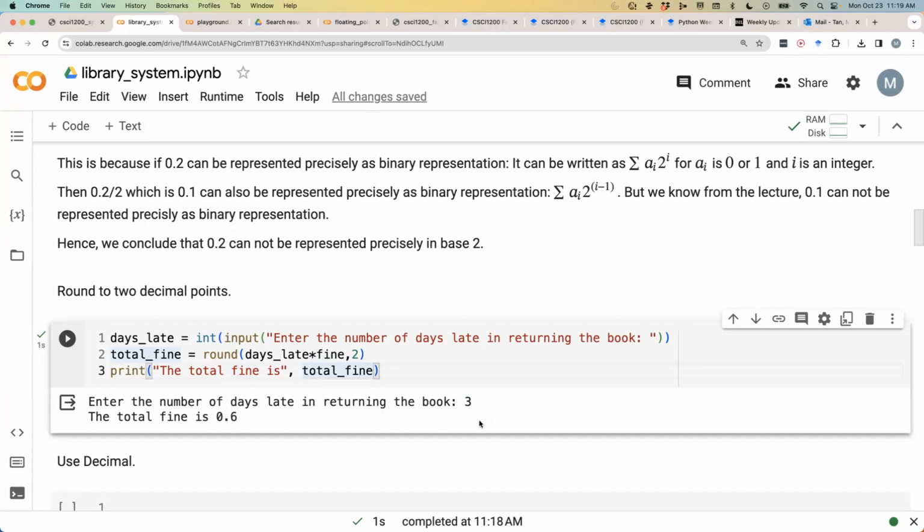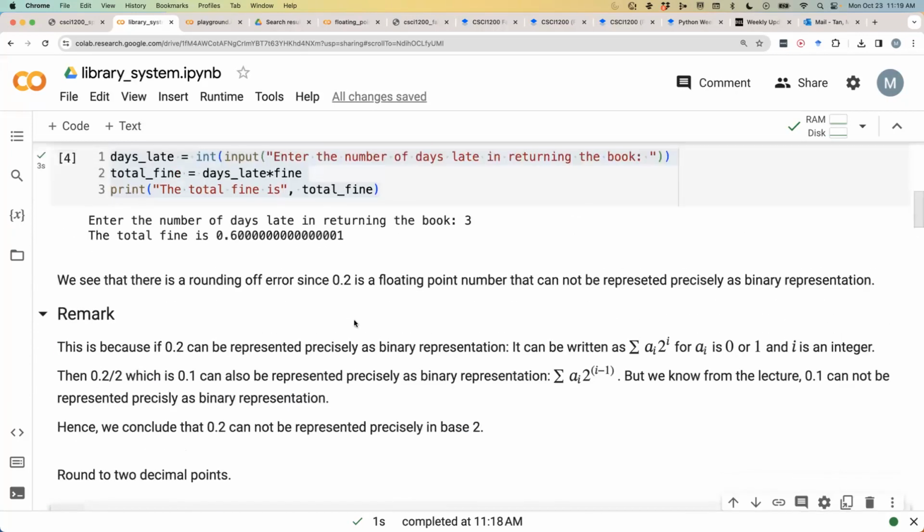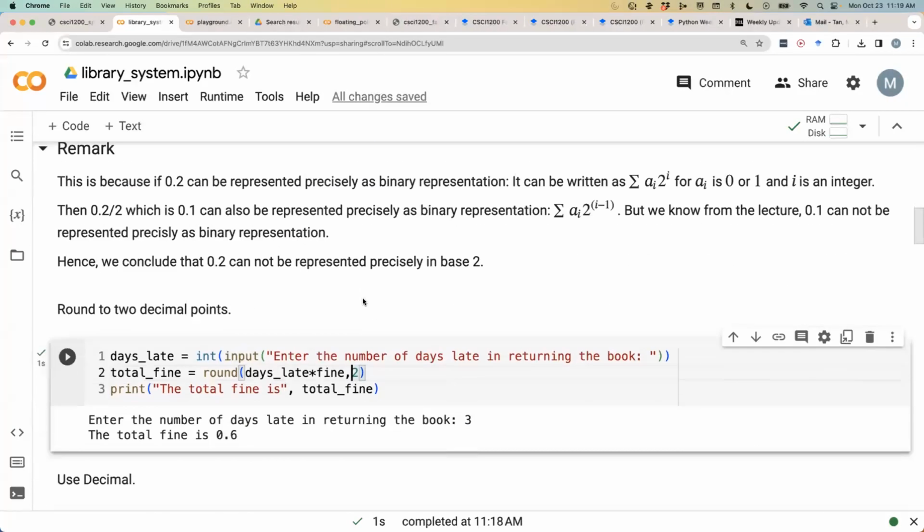It's possible that for some number of books, it could give us a rounding error, even if you round it to 2. I would think that it's very unlikely, because the rounding error for 0.2 shouldn't be that big.